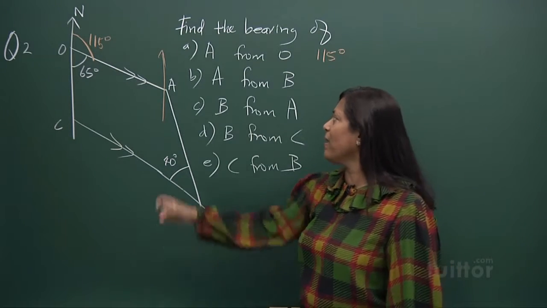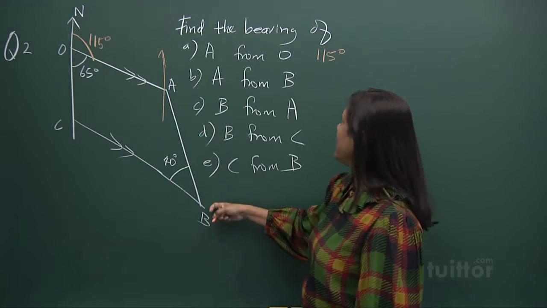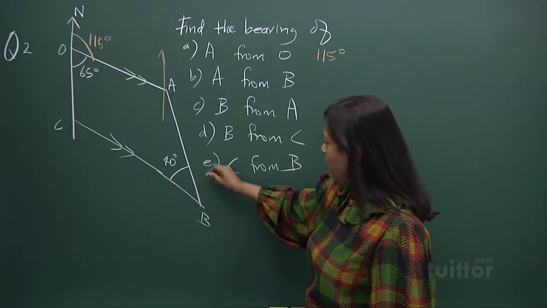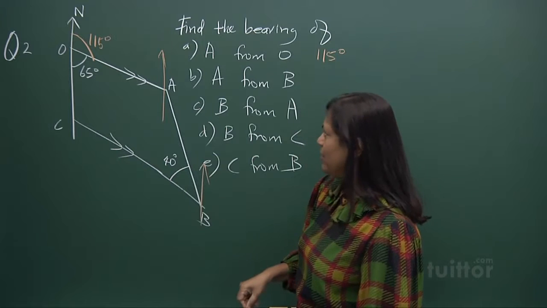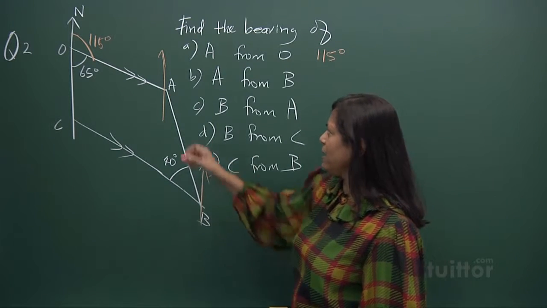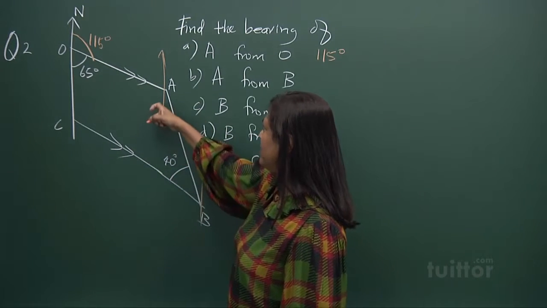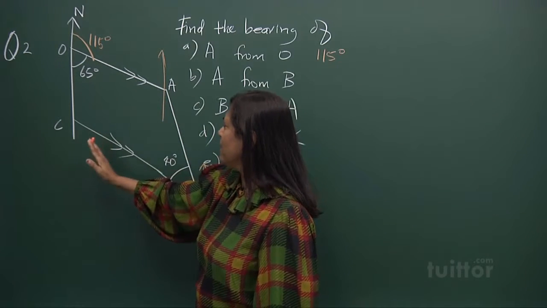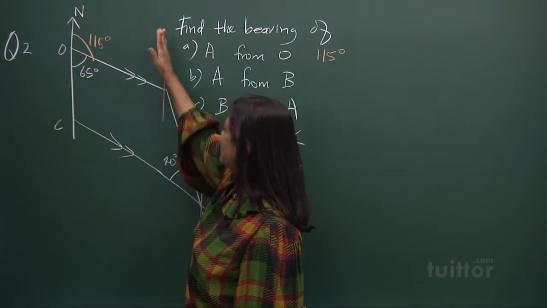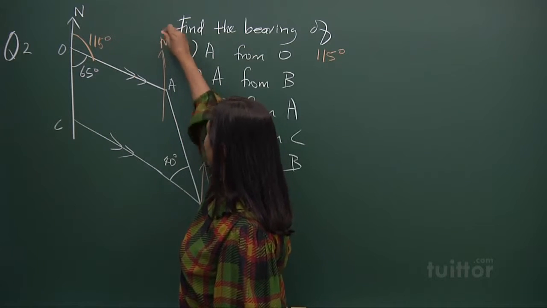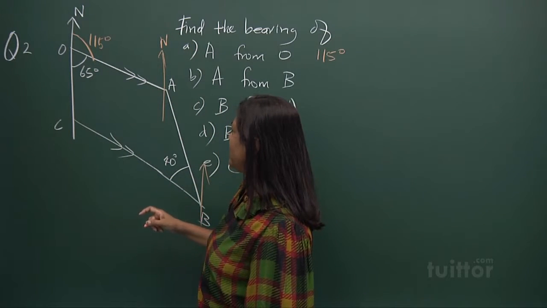What's the bearing of A from B? Now, from B, your north is here. Your north is there. And if you look at this, this is 65 degrees. North, this is north. Alright? And I just want to get some angles right here.